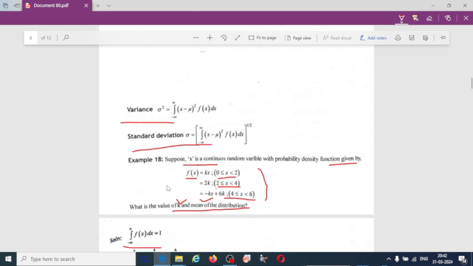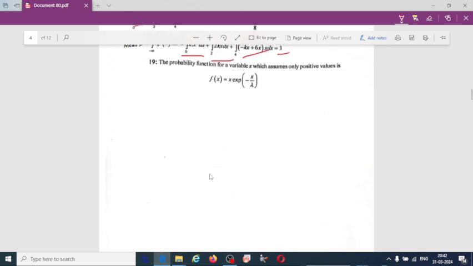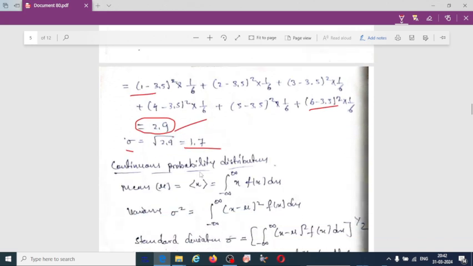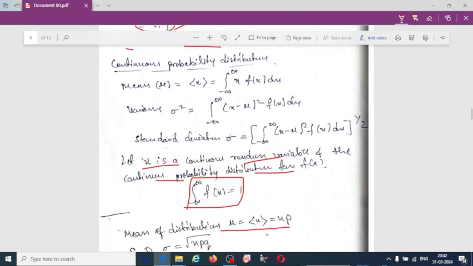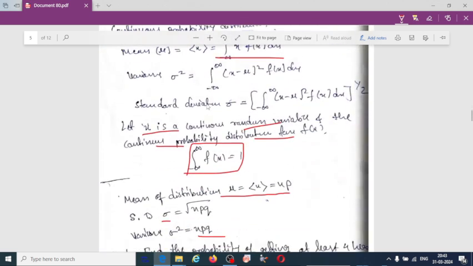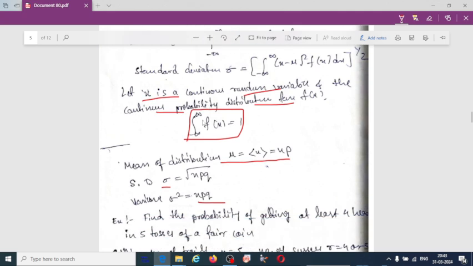So like that you can solve the given problem for the continuous probability distribution. Very important. This is the formula, as I discussed in the above example, for the mean of a continuous probability distribution.